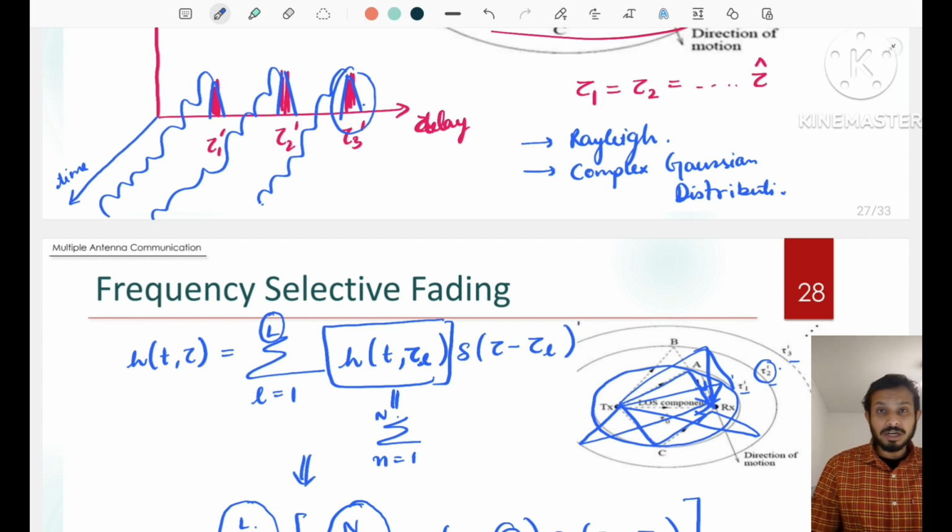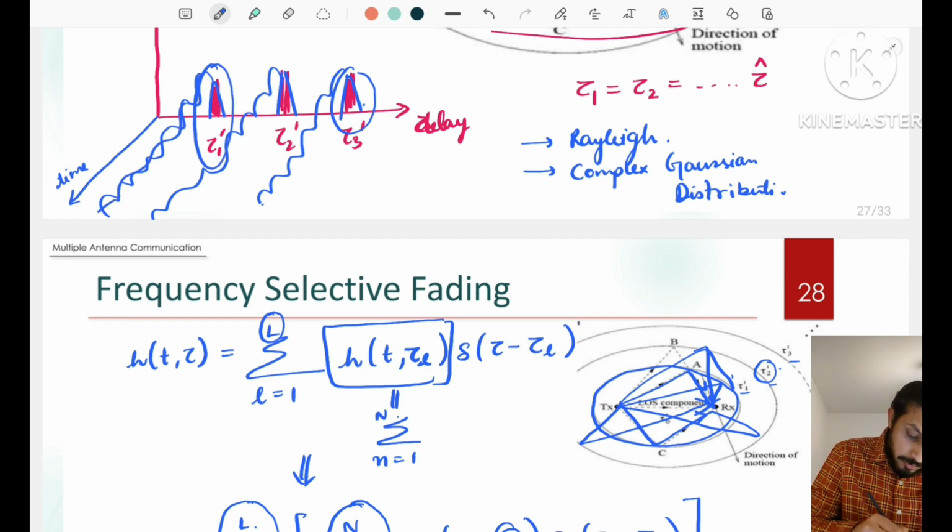So what we have studied earlier is one pulse that is received at tau 1 dash, varying with time. But now in frequency selective fading, what we are going to study is a number of different pulses at different delays varying with time.